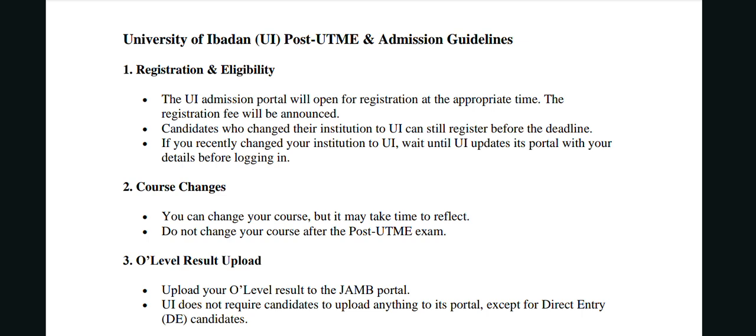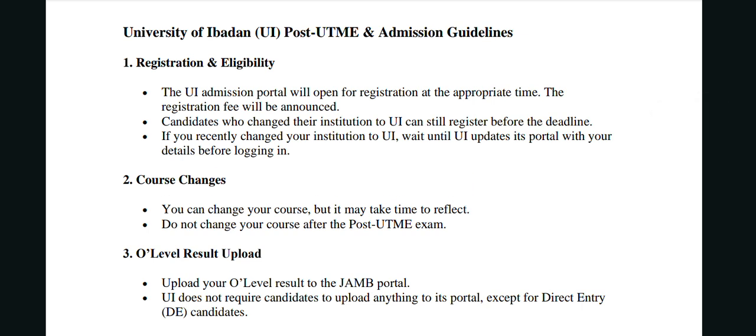To be straight to the point, if you need any information regarding the admission requirements, watch the first video. If you need information about cutoff marks, watch the second video. If you need to know the previous cutoff marks, watch the third video. And if you need admission guidelines from the start to the finish, watch this last video.